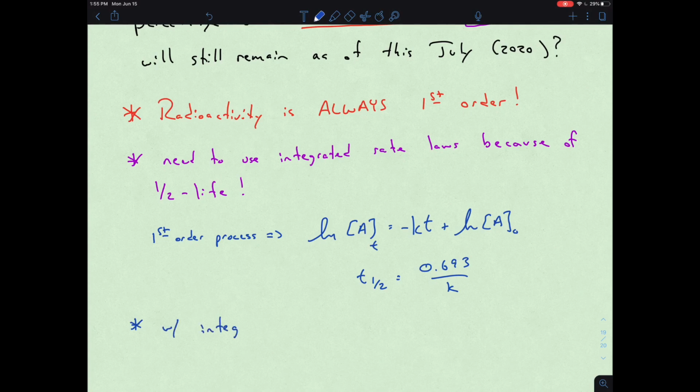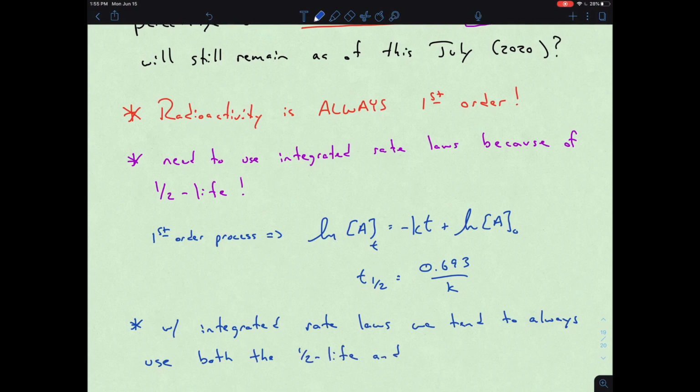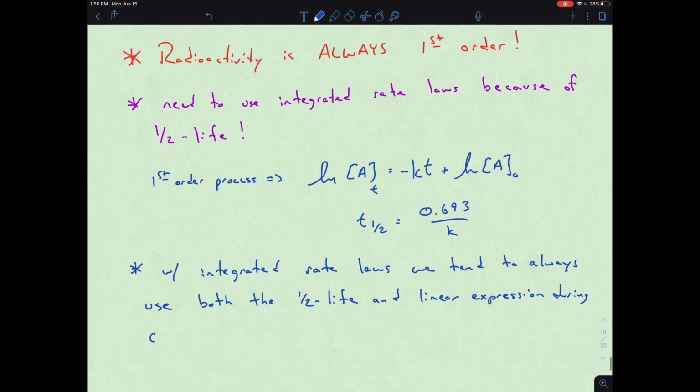And with the integrated rate laws, we tend to always use both the half-life and linear expressions during calculations.